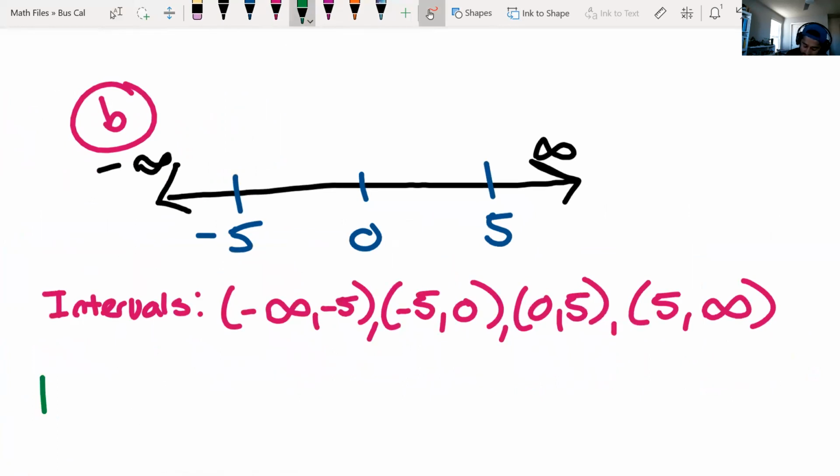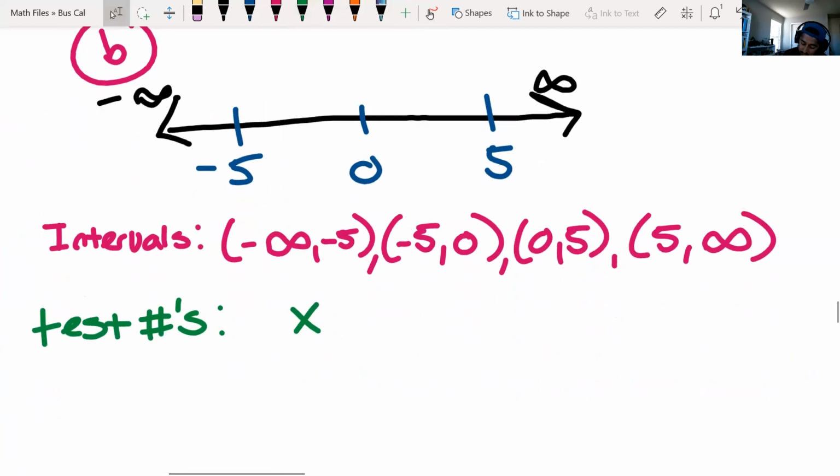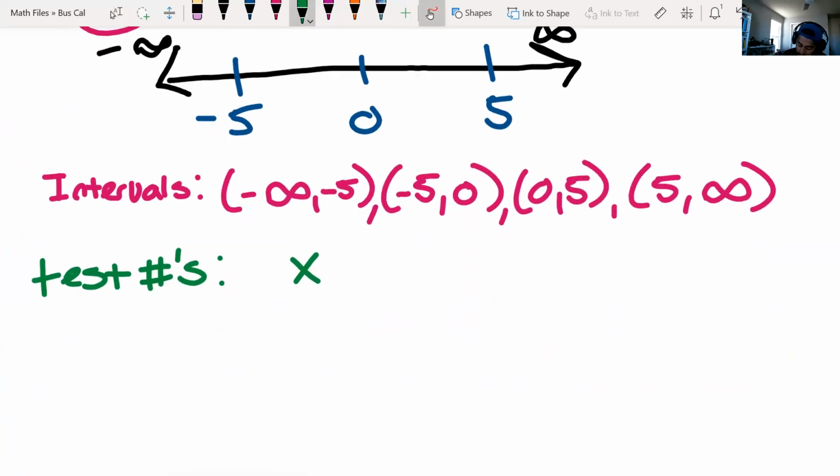Next is my test numbers. We're going to have 4 of them. So x equals, x equals, x equals, x equals. Give me a number from negative infinity to -5. -4.